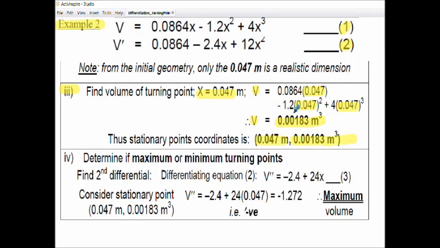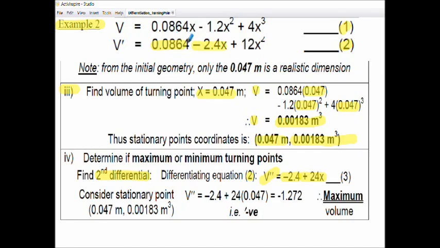We're asked to find though, is this the maximum or the minimum value, because we really want the maximum value of volume. So we need to now find the second differential of equation 2. So differentiating equation 2, all in standard form, I get my d2v by dx squared term, which is minus 2.4 plus 24x. Again, if you differentiate this, it disappears.